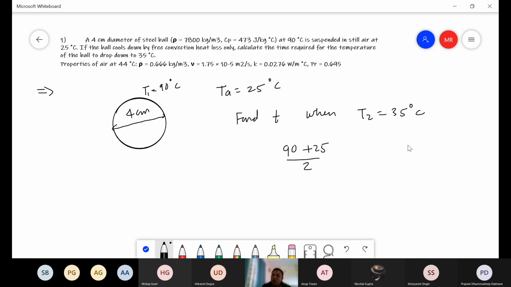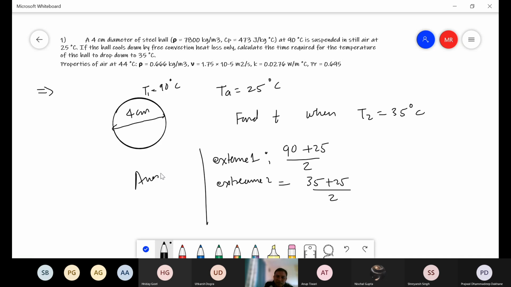So this is extreme one. What will be extreme two? Extreme 2 will be 35 degrees Celsius as the surface temperature, 35 plus 25 divided by 2. This will be the other extreme for average temperature, correct? Since this average temperature varies across time, if I take extreme 1, that is not correct.